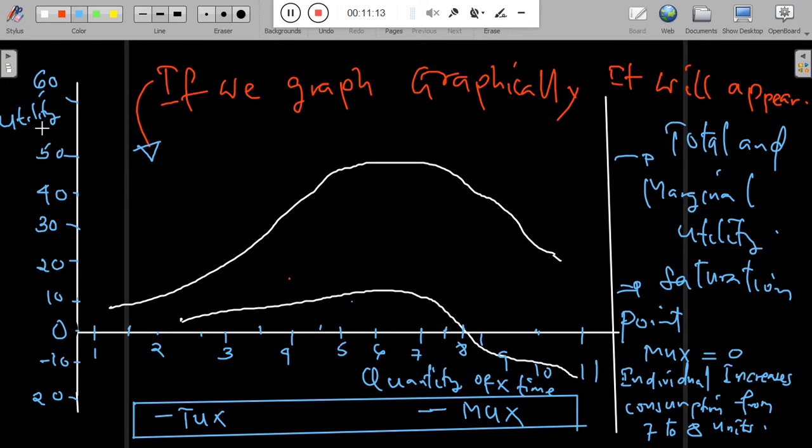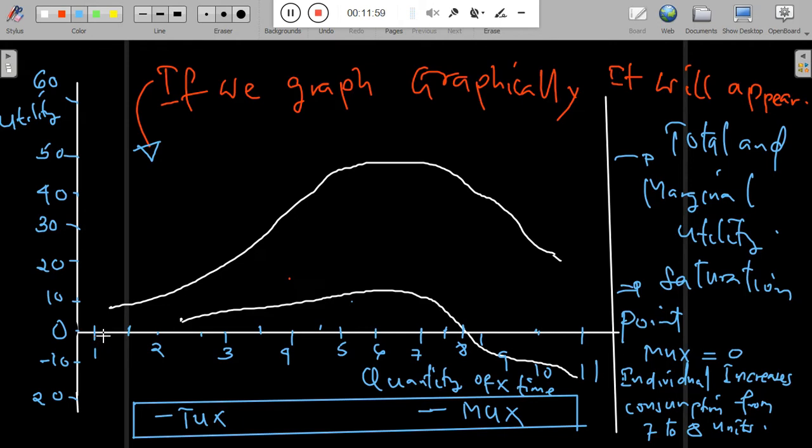So when you try to sketch this graphically, we can show the total utility on the left-hand side, and we have the quantity of x on the x-axis. As you observe, the saturation point occurs where the marginal utility of x is equal to 0, where the individual increases consumption from 7 to 8.